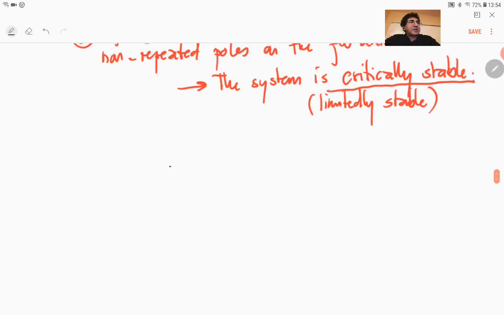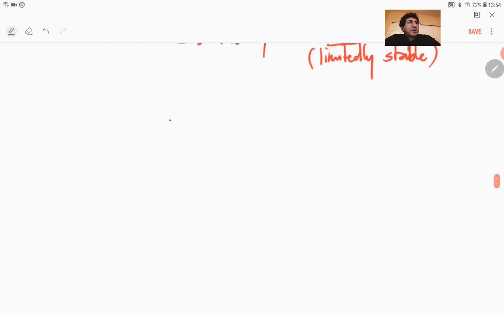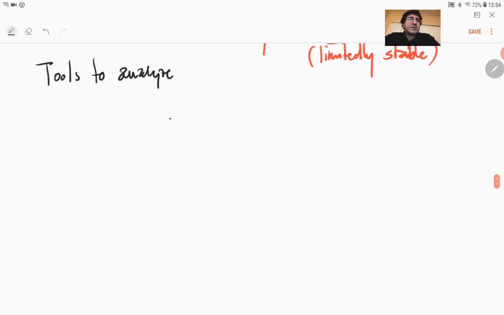So let me explore some of the tools that we have in order to analyze stability, some of the tools that we will learn in the coming lectures.